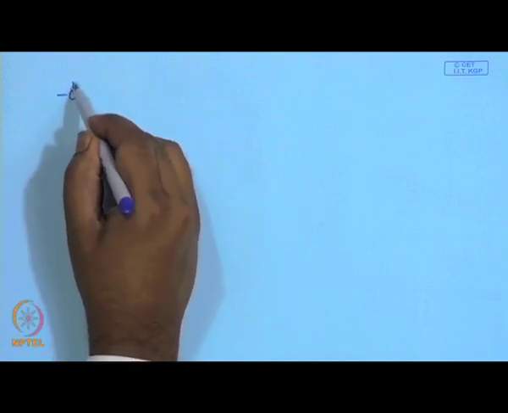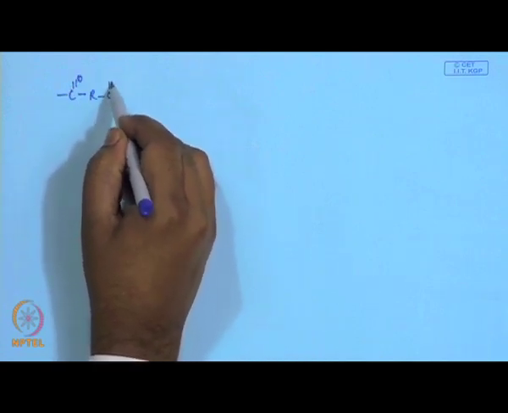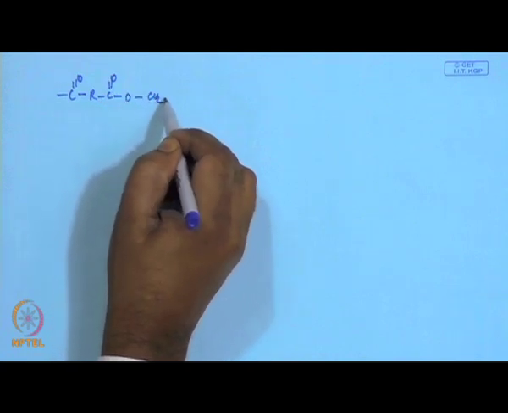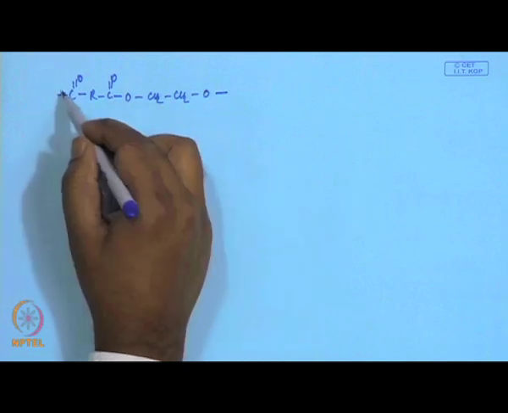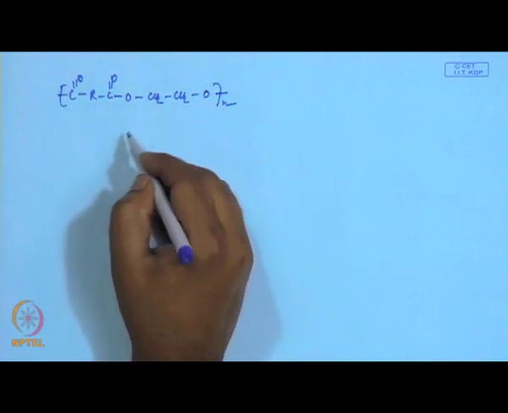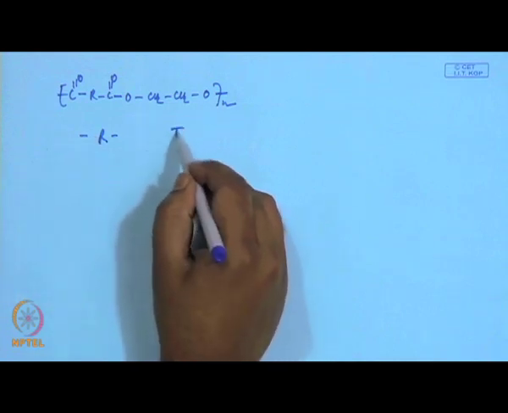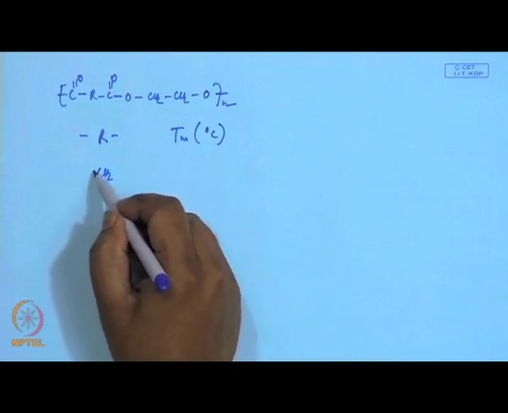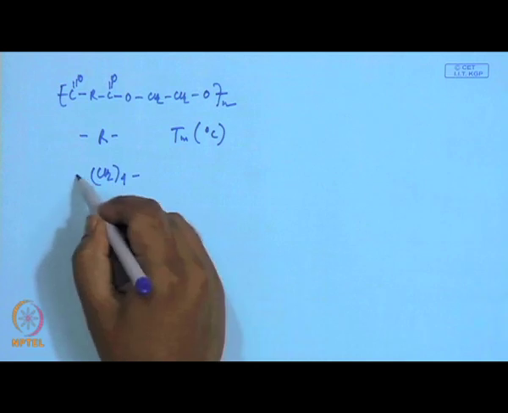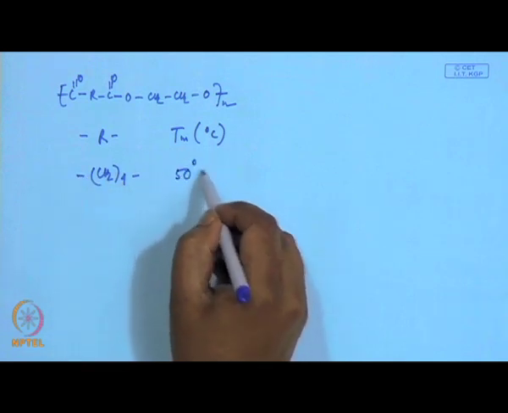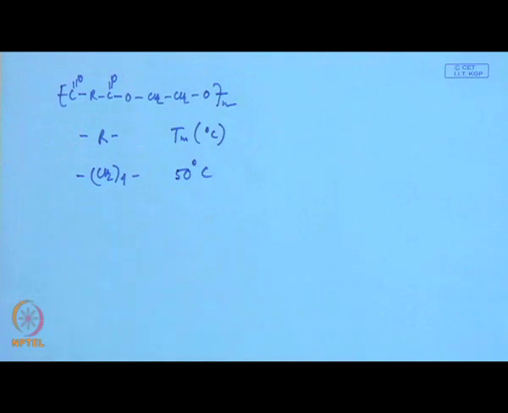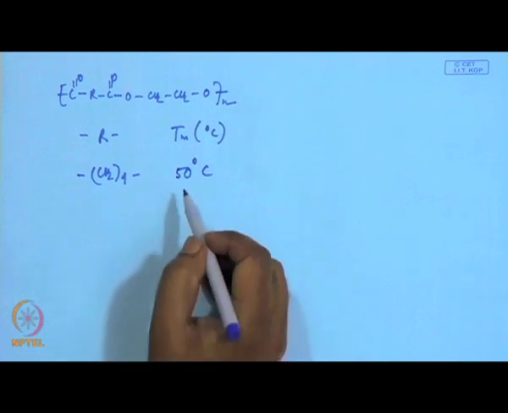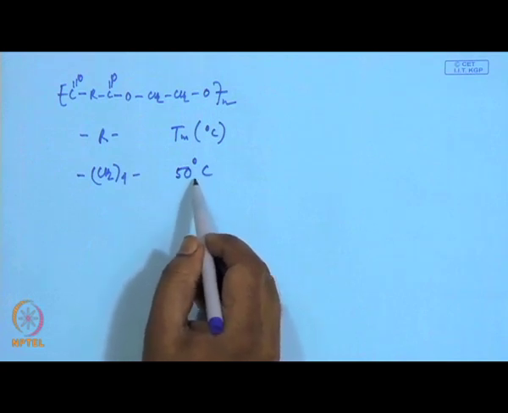We can give more examples of backbone stiffness. For example, if we consider these polyesters, when R is CH2 4, CH2 4 is a linear normal alkane, which gives us a very flexible chain, and the Tm is 50 degree centigrade.